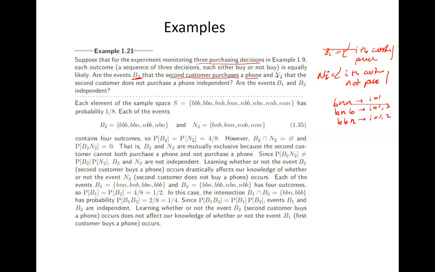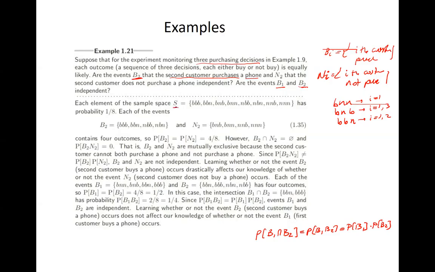Now, the question is, are the events B1 and B2 independent? In order to check whether they're independent or not, we have to look at B1 intersection B2, or probability of B1, B2, whether it's equal to probability of B1 times probability of B2. Now let's look at B1 and B2.